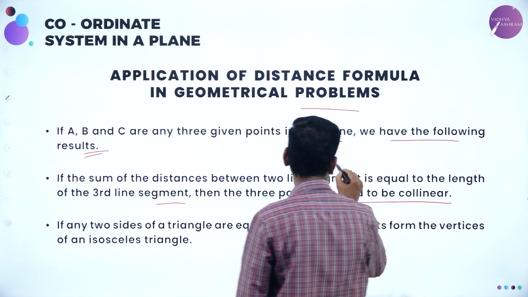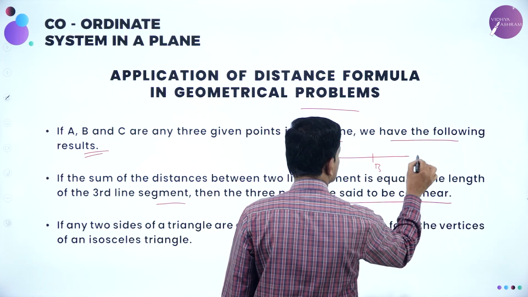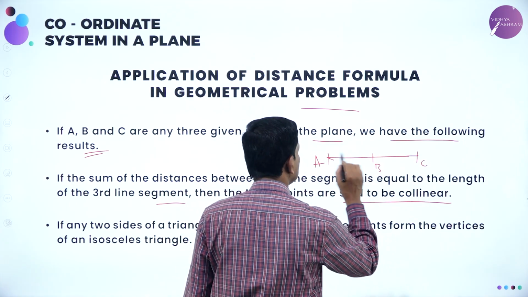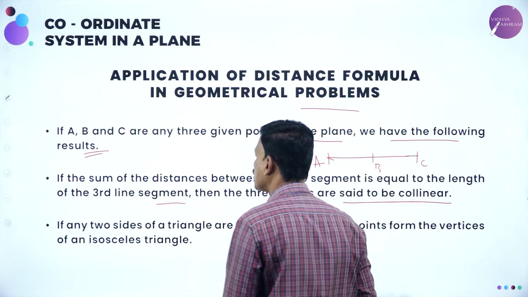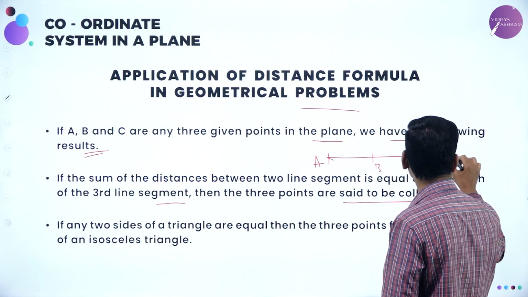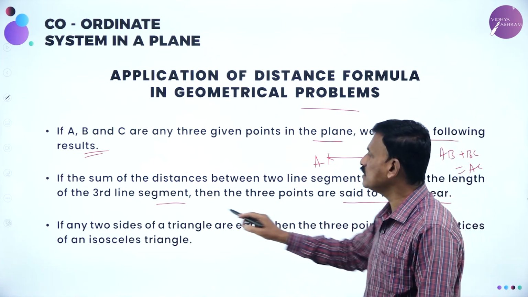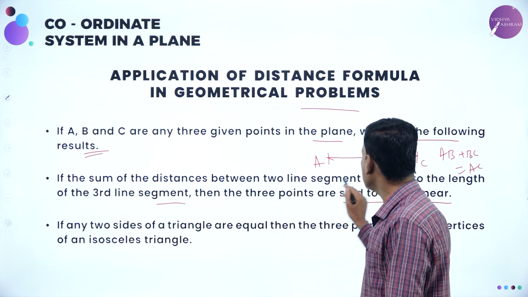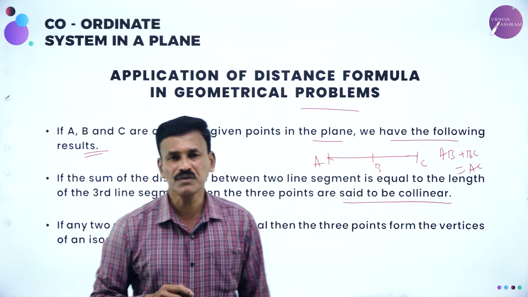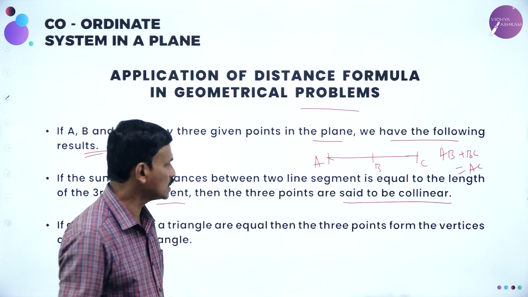That is, for points A, B and C, if the distance from A to B plus B to C, AB plus BC, is equal to AC, then the 3 points A, B, C are said to be collinear. So to verify the given points as collinear, find out if AB plus BC is equal to AC.